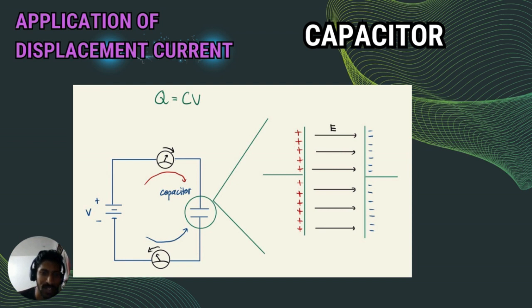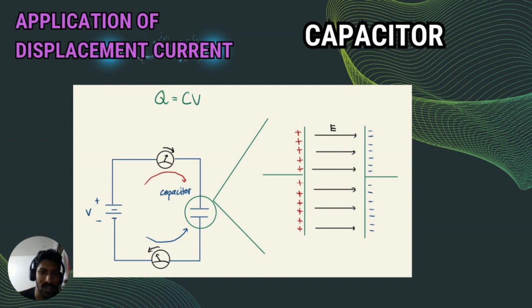As soon as the circuit is connected, we can see that the positive charge will be flowing in this direction, which is indicated by the red line, and it will accumulate at this plate of the capacitor. The negative charge, on the other hand, will accumulate at this part of the capacitor.